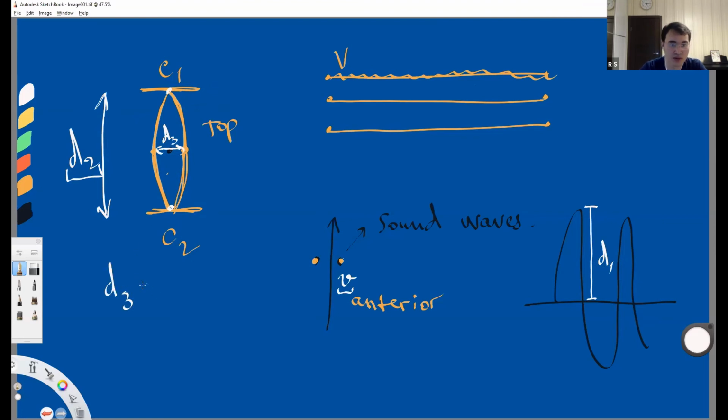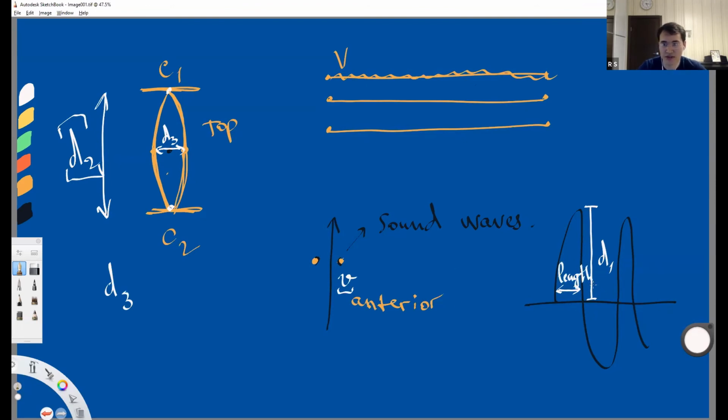D3 will be smaller than the initial one, because we start moving to increase the D2. And in this case, we actually change these lengths, or wavelengths, right? So we change the length of the wave.